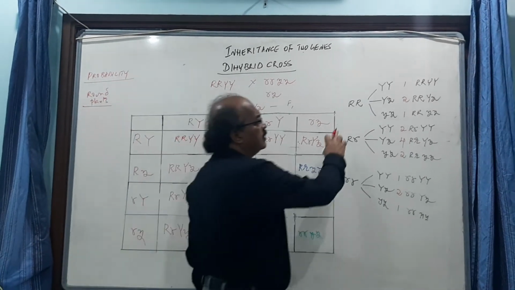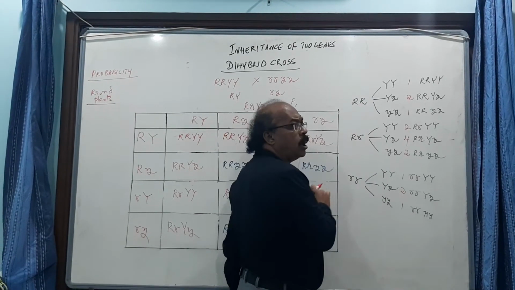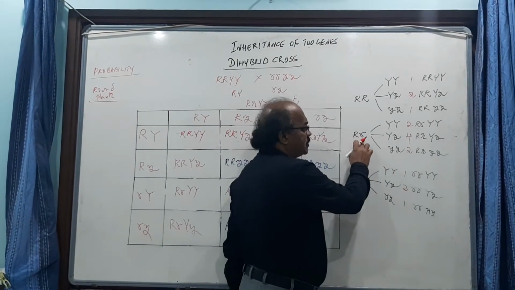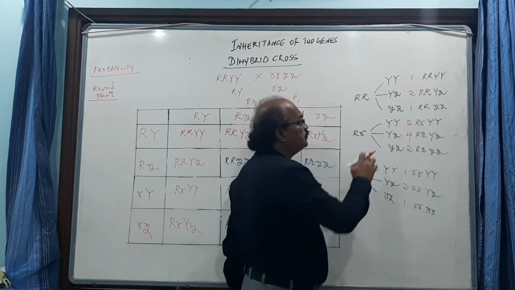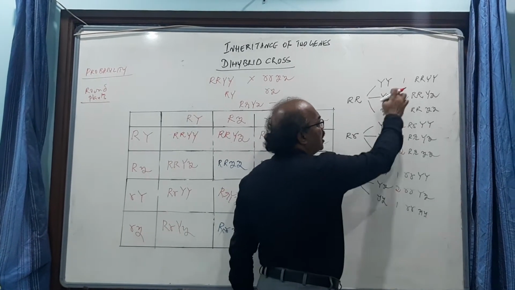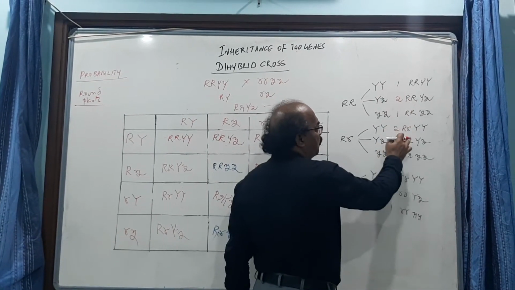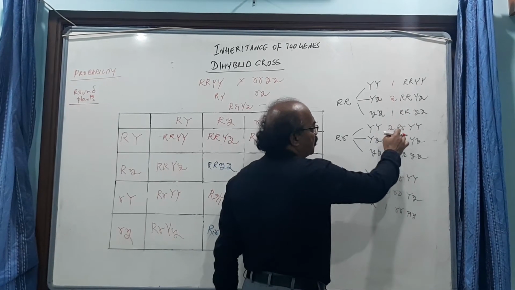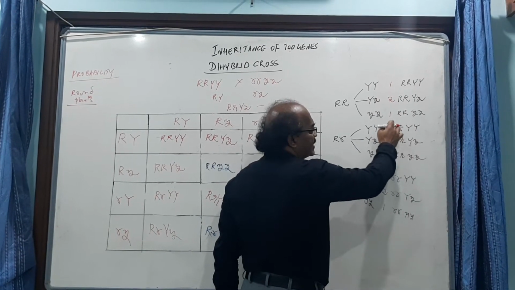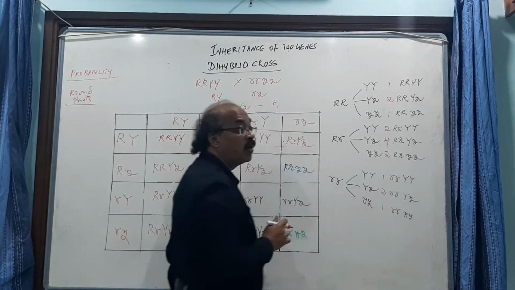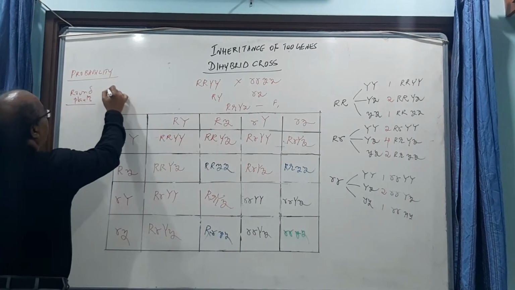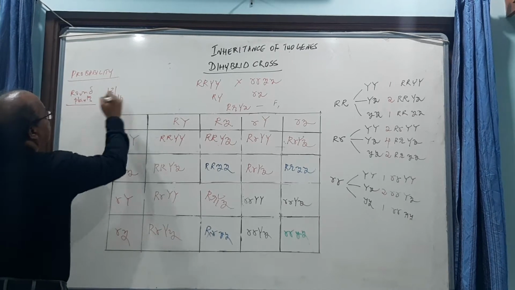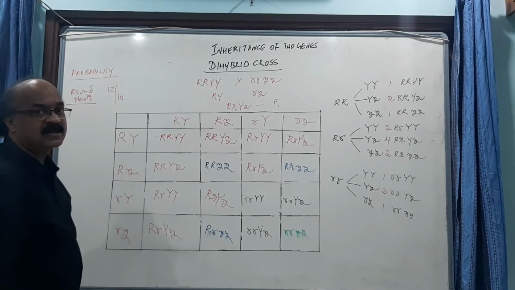You see here, capital R round, capital R small r also round. If you count 1, 2, 1, 2, 4, 2, 1, 2, 1, that is 4 plus 2, 4, 2, 4 plus 8, 12. 12 plants out of 16 are round plants.